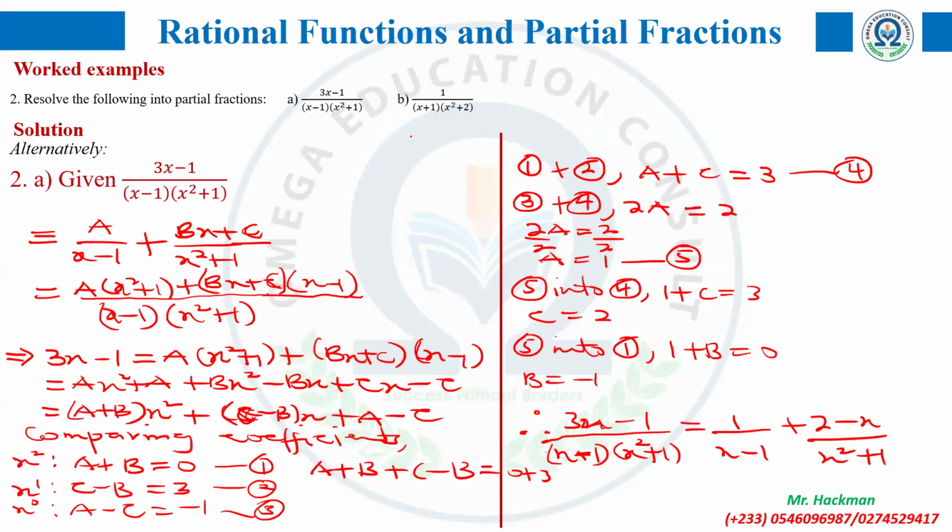So let's say the equations contain x, y, z: take the first 2 equations, eliminate maybe y. Then take another pair of equations and eliminate the same variable you eliminated in the first pair, y.